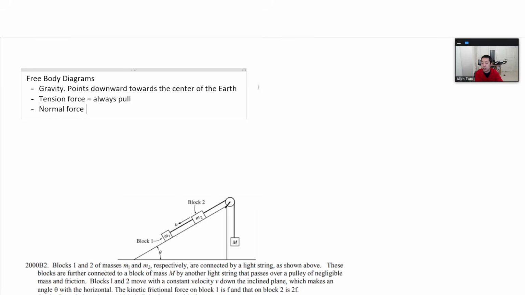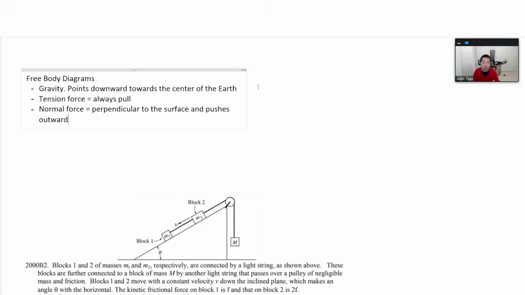Normal force is only if you have a surface touching it. It's perpendicular to the surface. So normal force is perpendicular to the surface and pushes outward. We'll go through examples of these, but a normal force requires a surface touching it. If the surface is touching it, the force is always perpendicular.